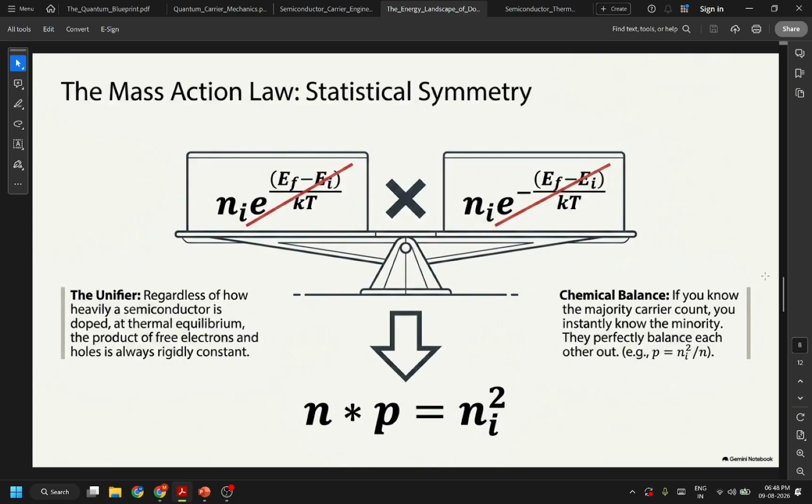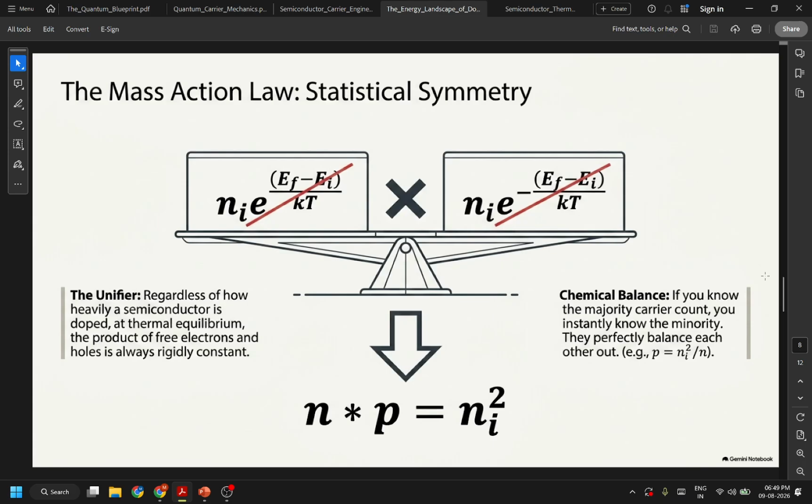So this gives us the mass action law. We got N equals Ni e power (Ef minus Ei) by kT. Similarly, if we calculate for P, we get Ni e power minus (Ef minus Ei) by kT. And if we multiply both, the exponential part cancels out and it becomes N into P equals Ni square.